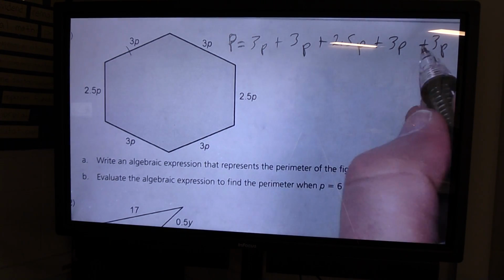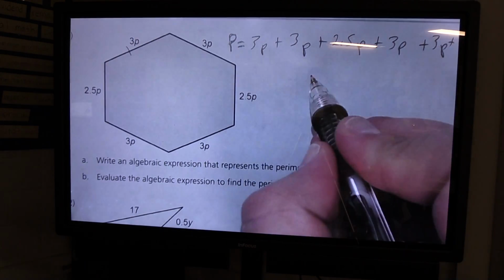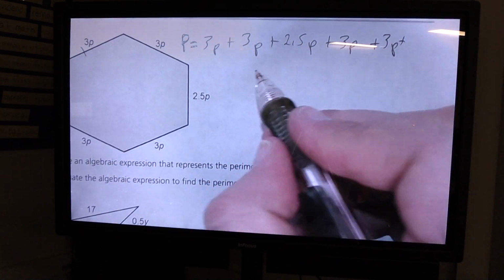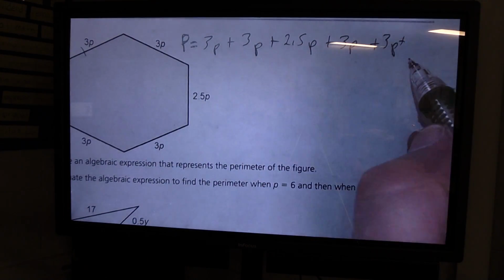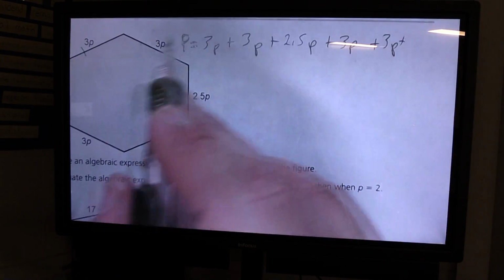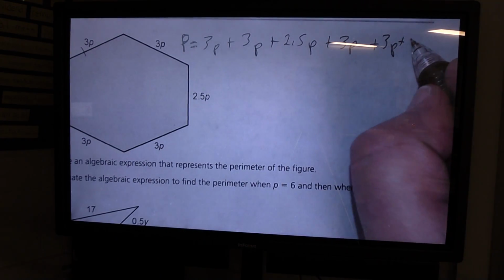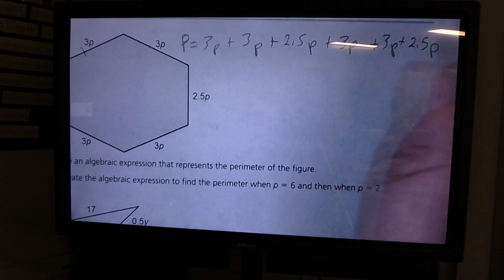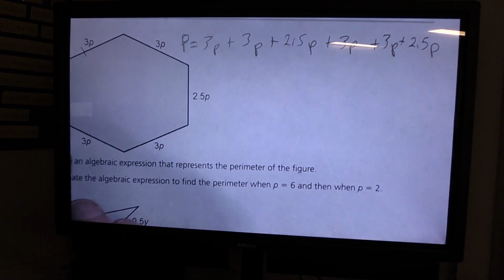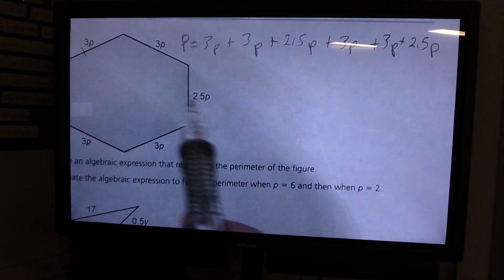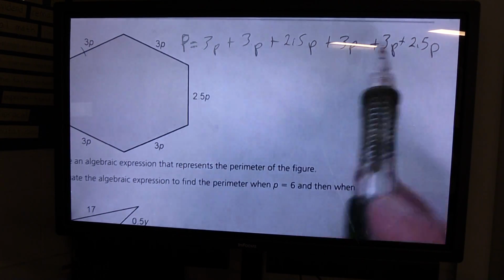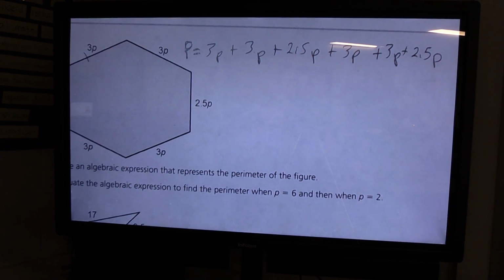And then I'm going to have to come down here to make it where you can see. I'm going to have to scoot it over. Plus, 1, 2, 3, 4, 5, plus 2.5p. Okay. I had 2 sides that were 2.5p, and I had 4 sides that were 3p. So I've got them all there. So that's my algebraic expression that represents the perimeter of the figure. And that wasn't too hard.